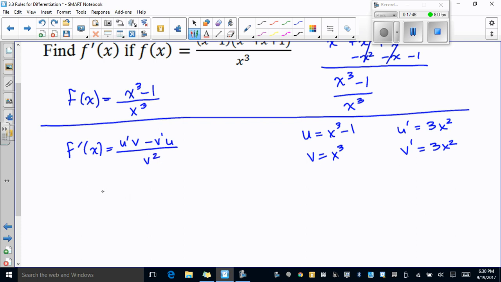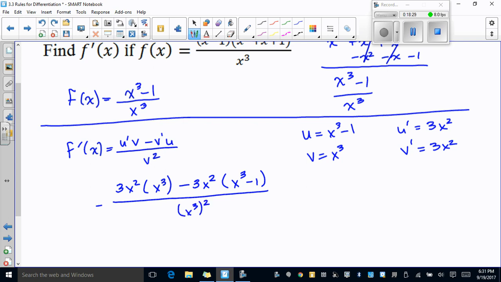So we get 3x squared times x cubed minus... I just saw it, something's not right. Let me erase. Okay, u prime v: 3x squared times x cubed, done. Minus 3x squared times x cubed minus 1, all over v squared, which in this case is x cubed squared.